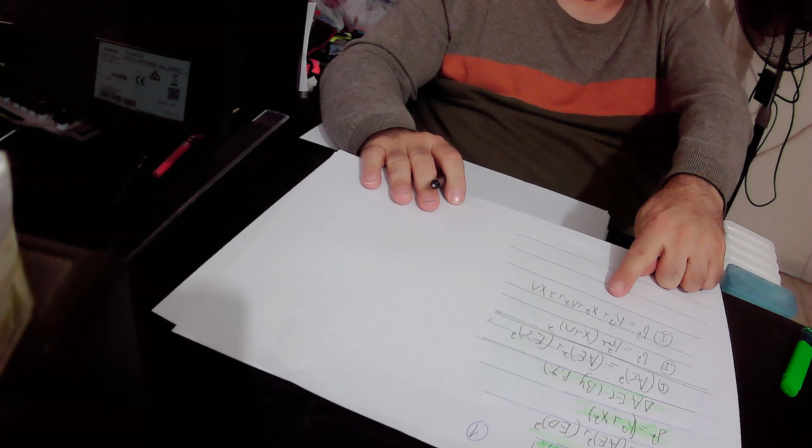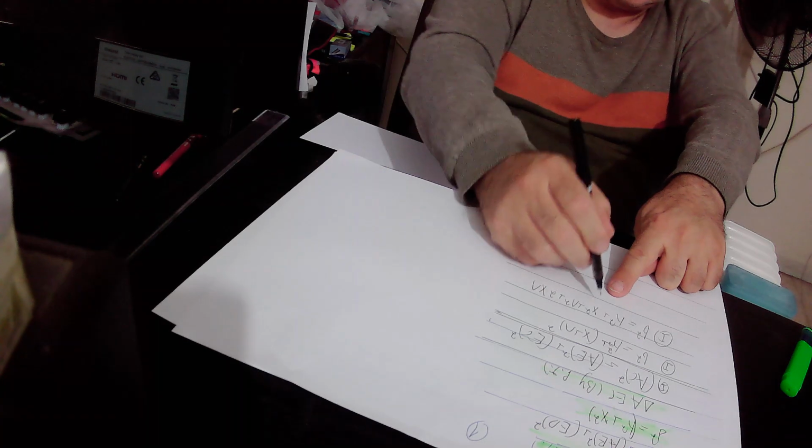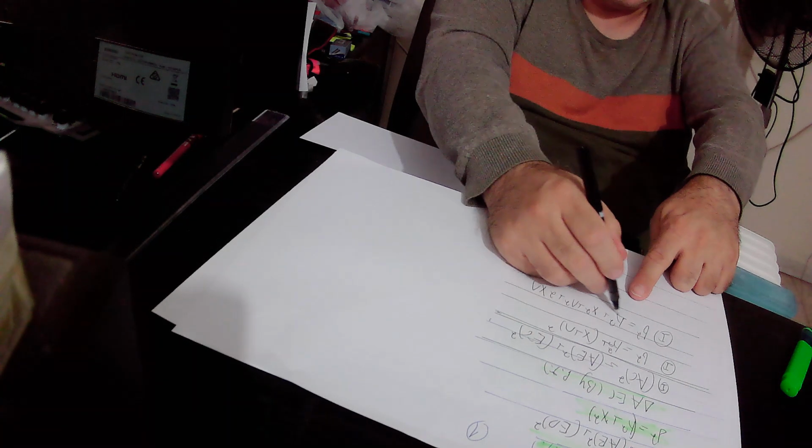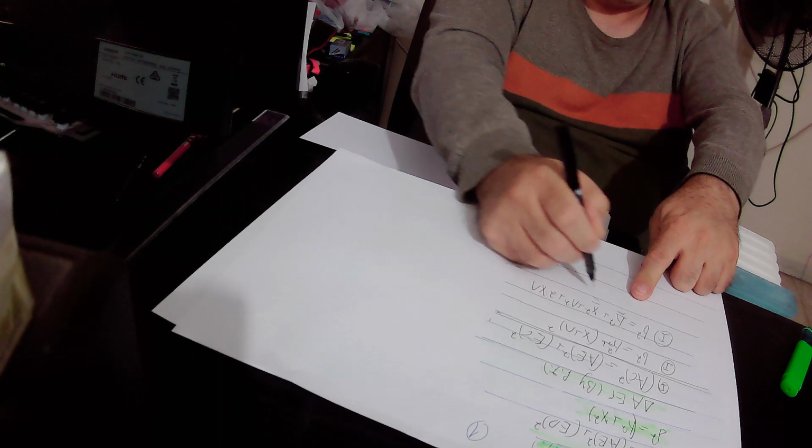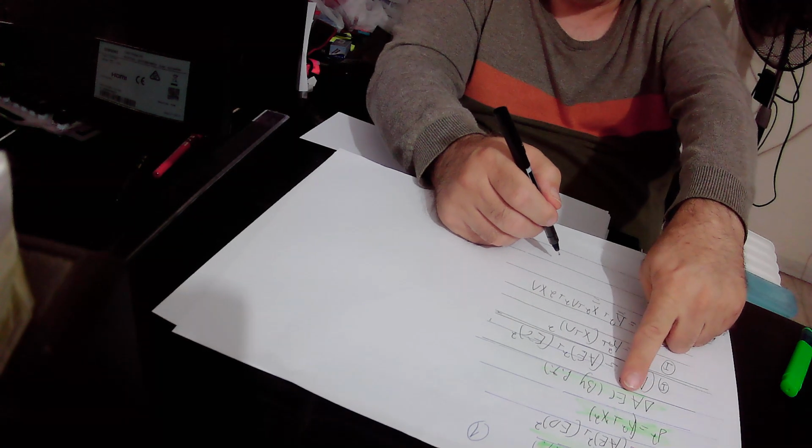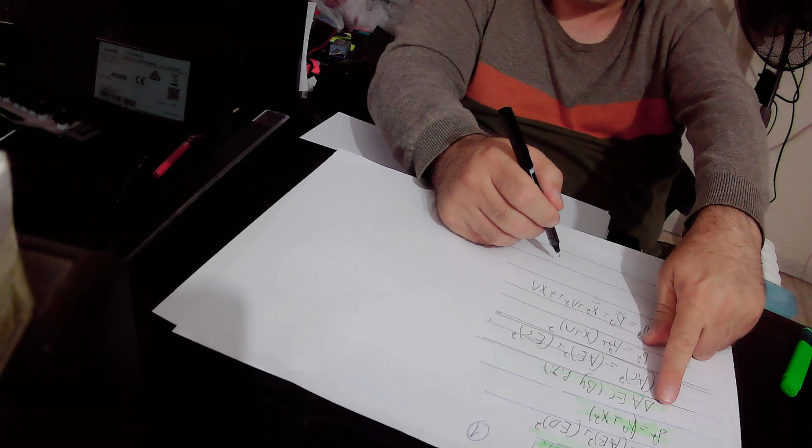In this equation number 1, we have h square plus x square. We already found out that h square plus x square equals d square.